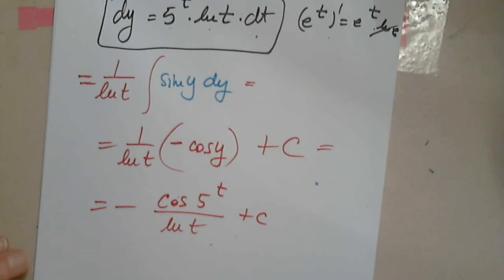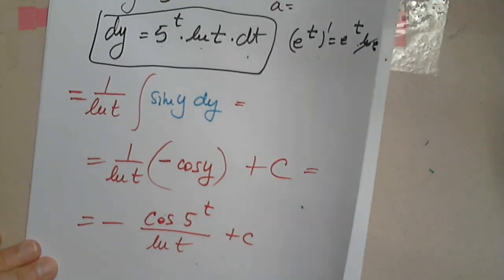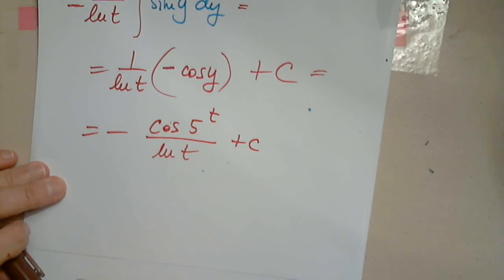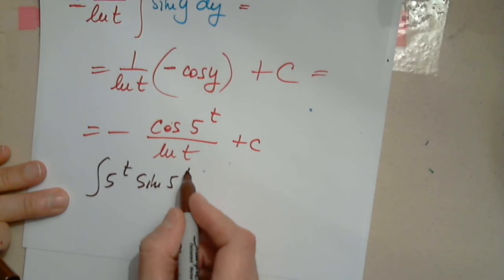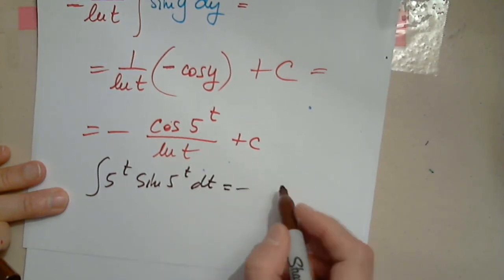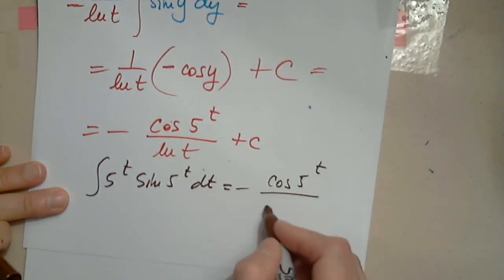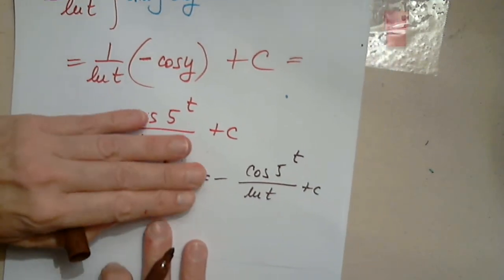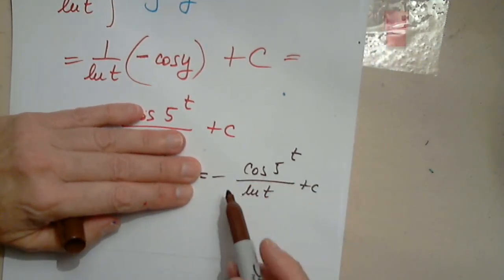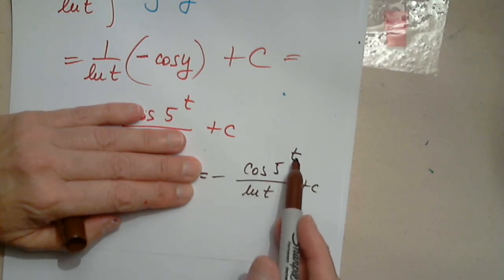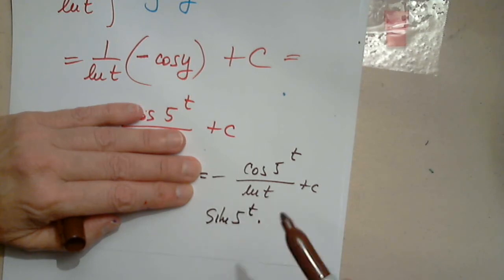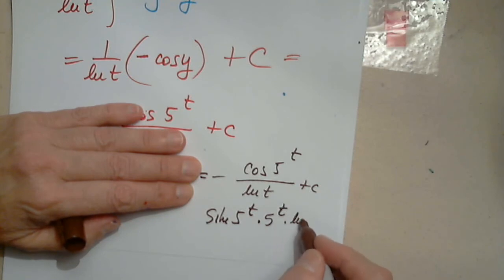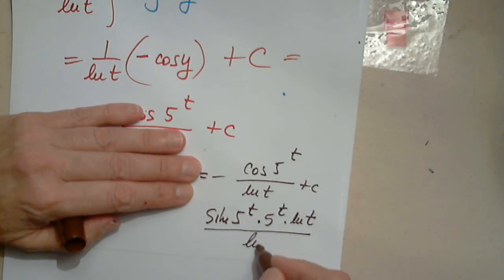Let's say you have doubts. Very easy, which we cannot do for definite. So we claim this. Let's differentiate this side. When I differentiate cosine of 5 to the t, I get negative sine, with the minus in front, so sine of 5 to the t times the inner function's derivative, which is 5 to the t times natural log t, over natural log t.